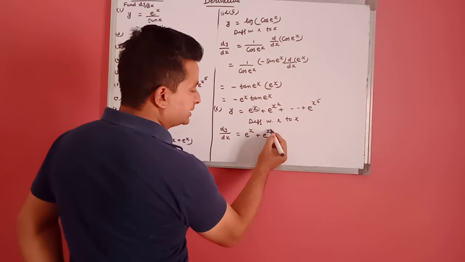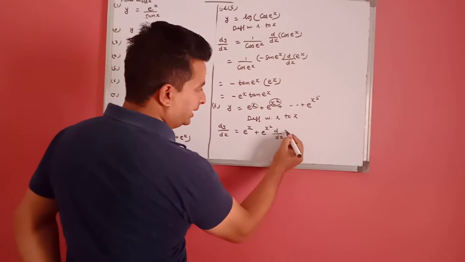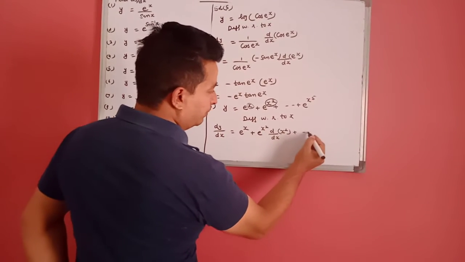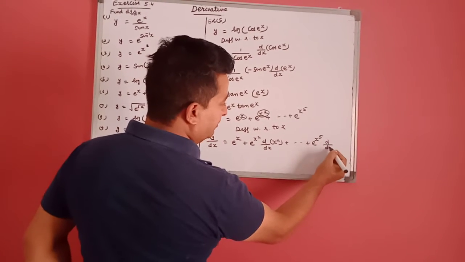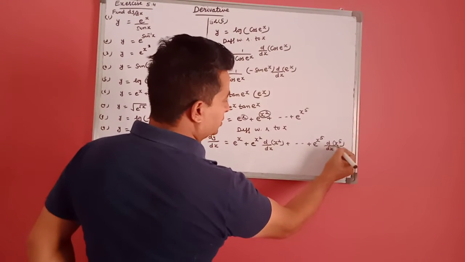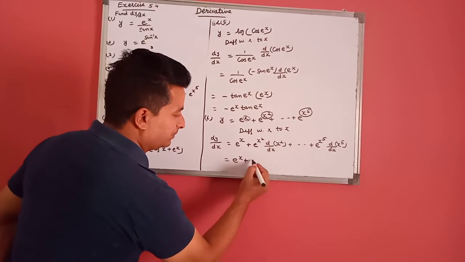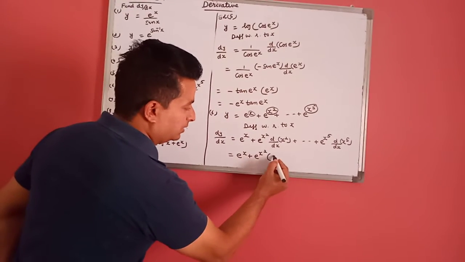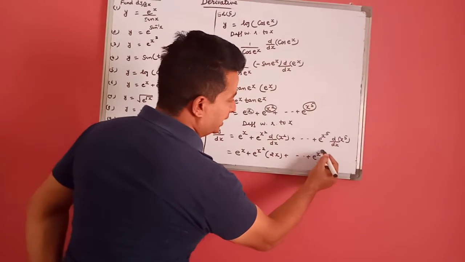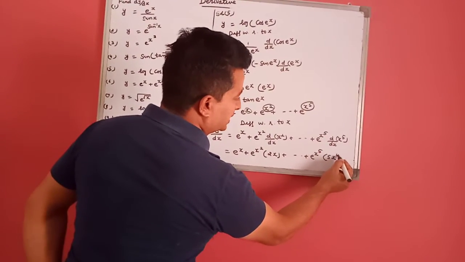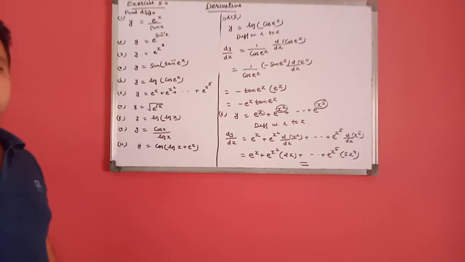Differentiation of this is e^x square multiplied by the derivative of the power, plus differentiation of e to the power x^5 is the same into differentiation of this power. So this is e^x, this is e^x square into 2x, this is e^x^5 into 5x^4. This is the differentiation of question number 6.